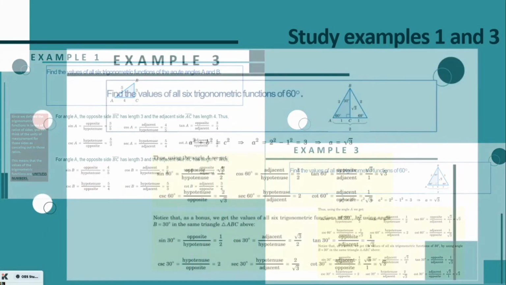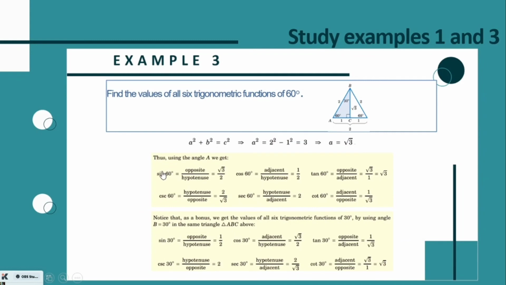Also in our example 3, we have sine 60 equal to cosine 30, since A and B are also complementary acute angles. Cosine 60 is equal to sine 30.